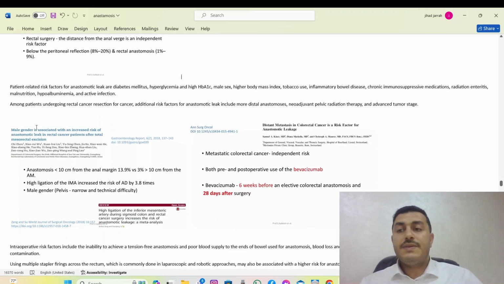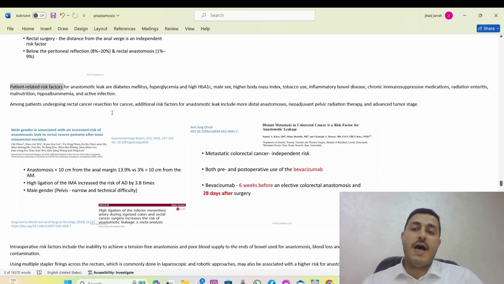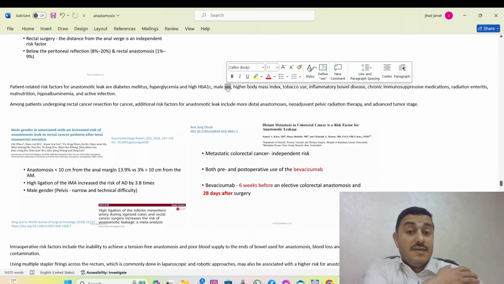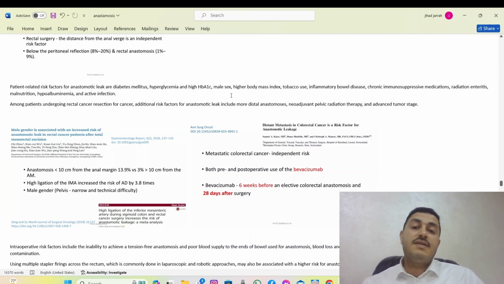The risk factors can be classified as patient-related risk factors, such as DM, hyperglycemia, and high HbA1c, male sex with a narrow pelvis, higher body mass index, obesity, tobacco smoking, inflammatory bowel disease, immunosuppressive drugs, radiation, and malnutrition, which is reflected in the laboratory as hypoalbuminemia, and active infection.